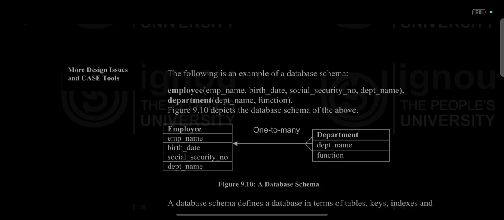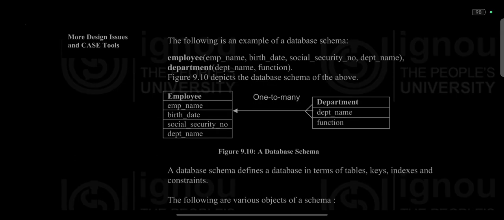The following is an example of a database schema. Employee: EMP_name, birth_date, social_security_number, department_name. Department, under which come department_name and function. So this is an example of a database schema.